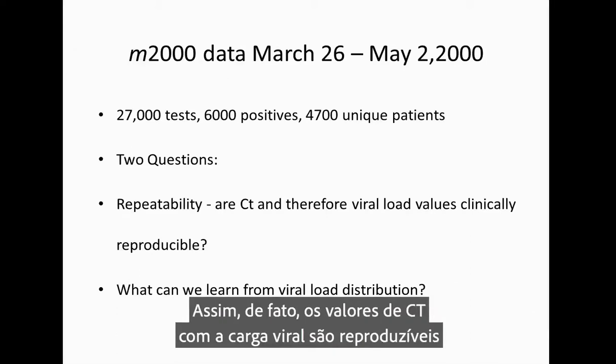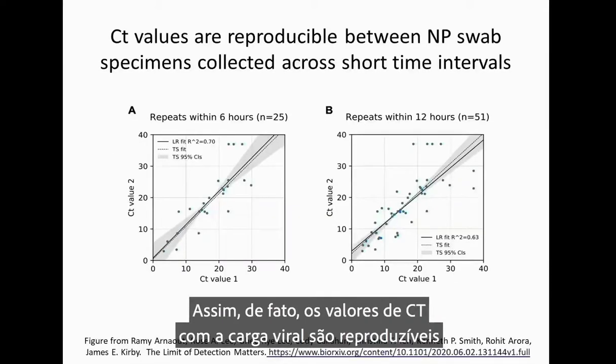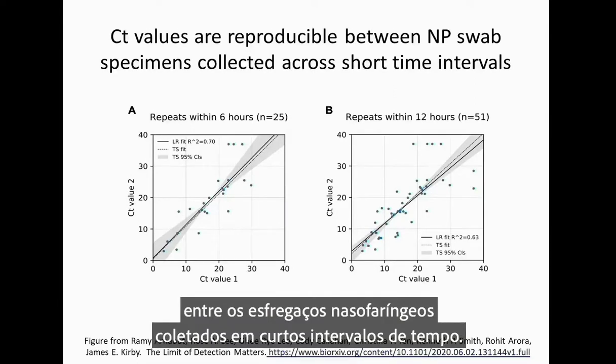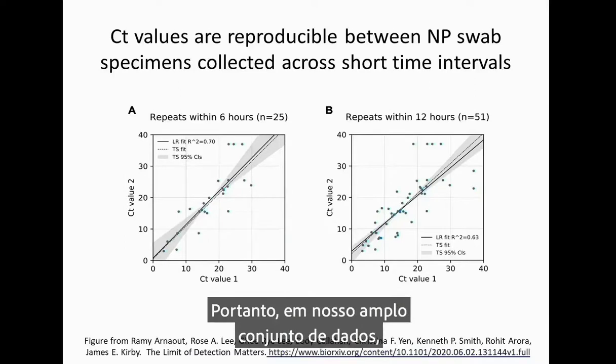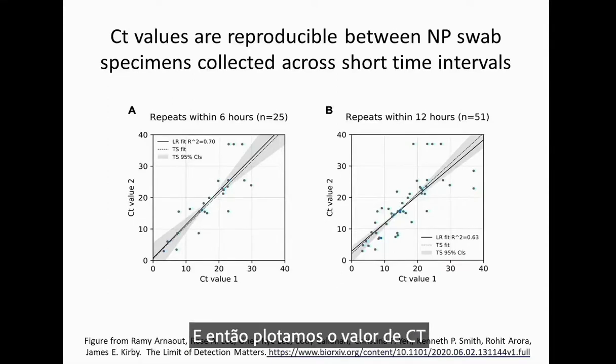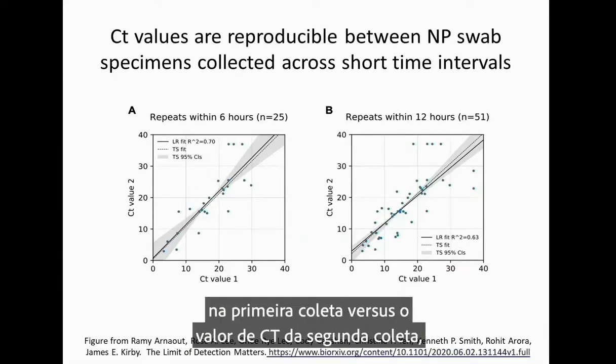So in fact, the CT values, and therefore the viral loads, are reproducible between nasopharyngeal swabs collected across short time intervals. In our very large data set, we had a bunch of patients who had repeat collections either within 6 hours or within 12 hours of each other. We don't know the reasons why. Then we plotted the CT value from the first collection versus the CT value of the second collection.